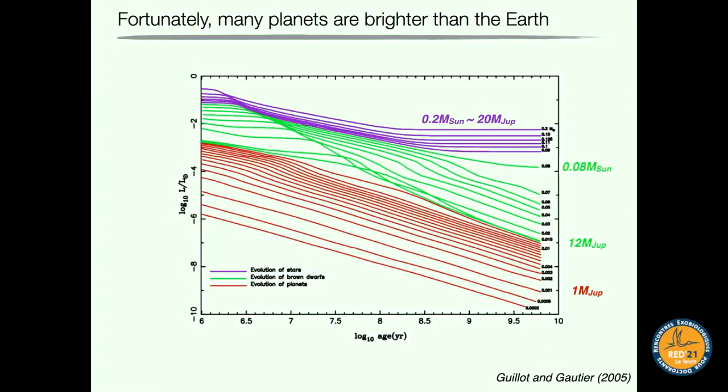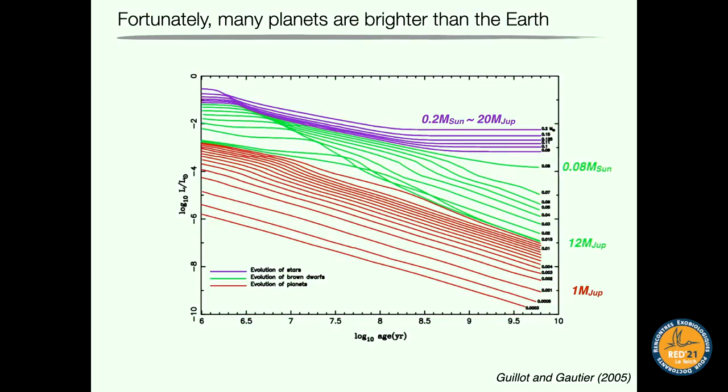Fortunately, if you look at the physics of stellar and substellar objects and planets, many planets are much brighter than the Earth. Here, for example, there is a diagram of the luminosity of different objects. Each curve is an object of a different mass, divided by the luminosity of the sun.